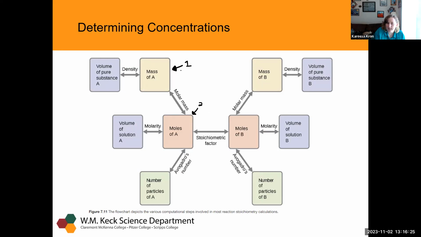And so we can say that if we record a mass of 5 grams of alum, we can use that to tell us how many moles of alum we have. And then we can use that to predict how many moles of sulfate we might produce.